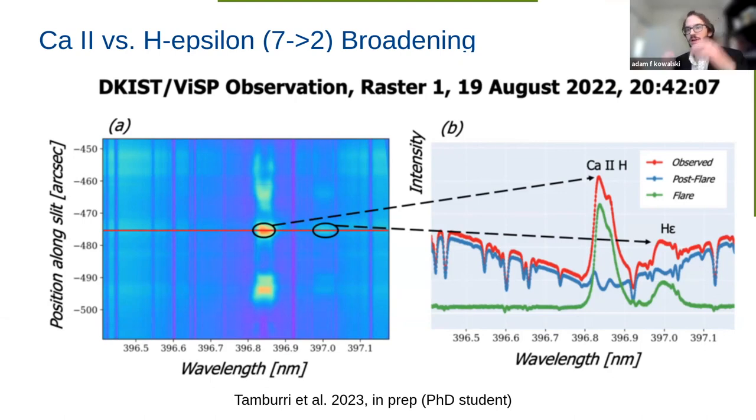So we can very clearly disentangle between electron density, optical depth broadening for the Balmer lines, and maybe turbulent broadening for the calcium-2 lines. This was in the decay phase of a pretty small flare. We didn't catch the impulsive phase, but still it's going to be very, very interesting.